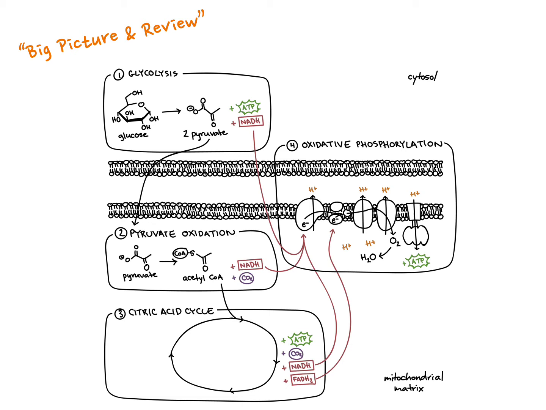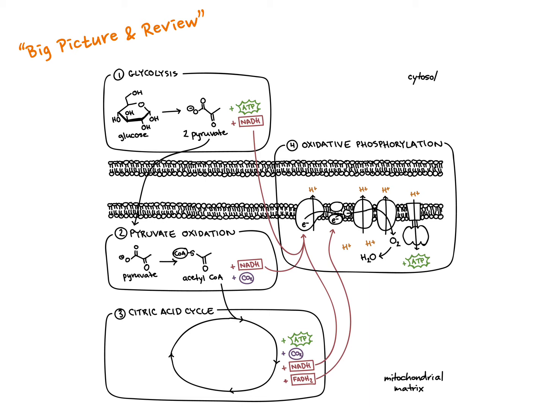NADH and FADH2 are high-energy electron carriers. These electrons, together with the NADH produced from other pathways, all enter the electron transport chain, which is a set of embedded inner membrane protein complexes.